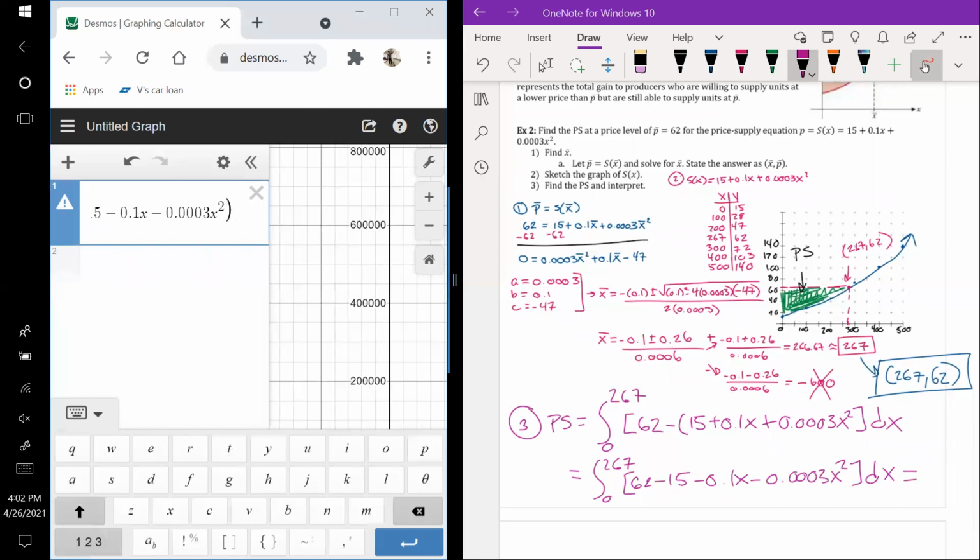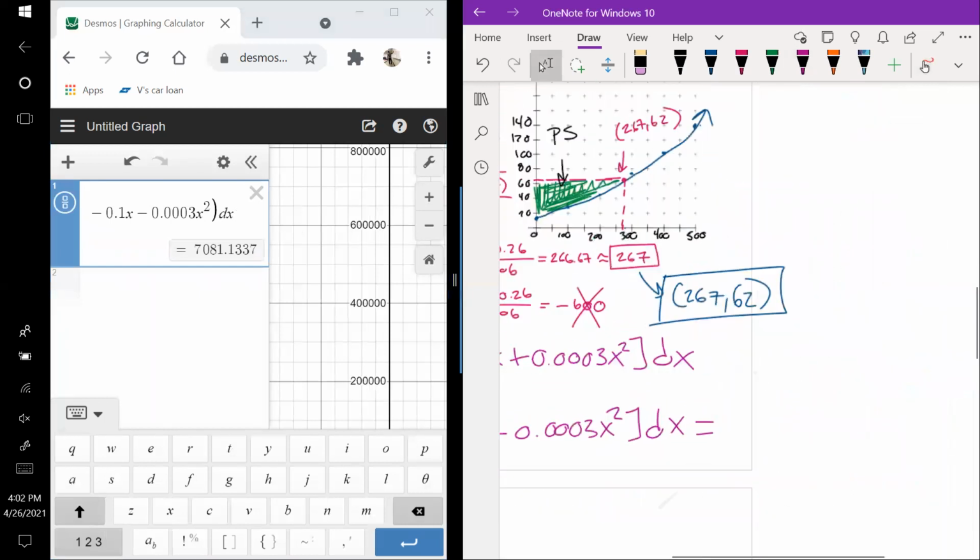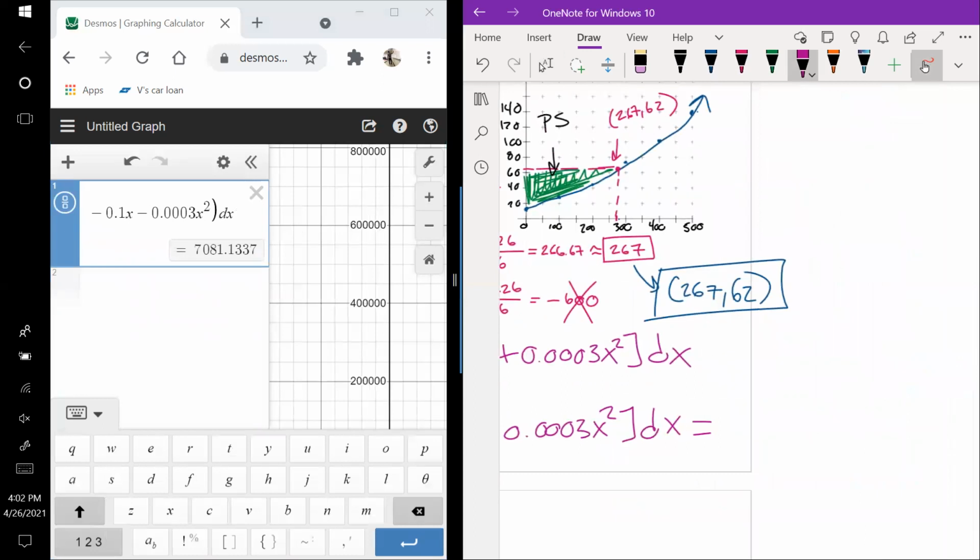Close that. And with respect to x, we get that the producers will gain $7,081.13. There we go.